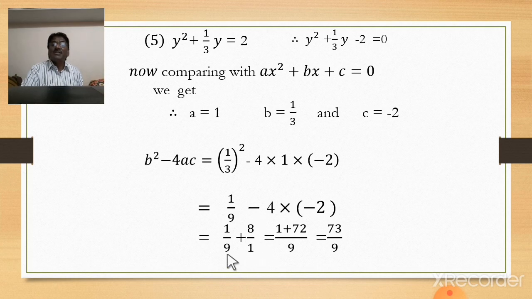Then we take the multiplication of denominators: 9 ones are 9, and by cross multiplication 1 ones are 1 and 9 eights are 72. Therefore the value of b square minus 4ac is equal to 73 upon 9.